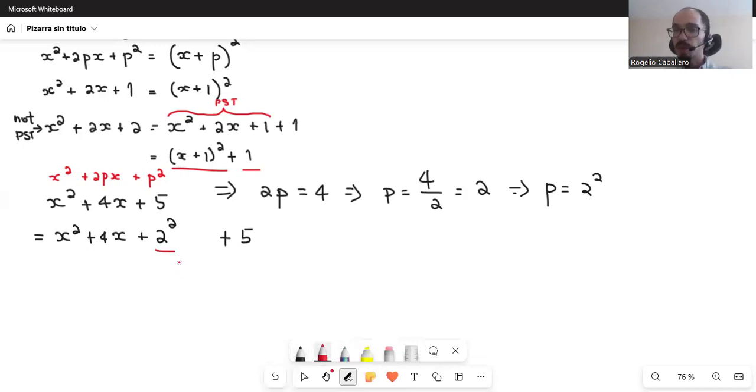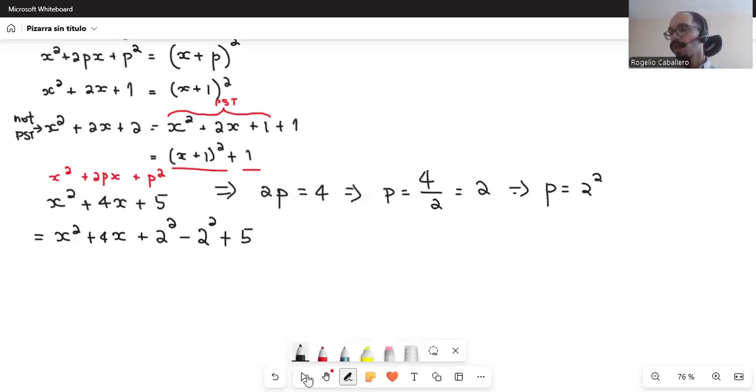If we add that 2 squared out of nowhere, then this trinomial is not going to equal the expression that I'm writing here. So what I'm going to do now is subtract that 2 squared in order that these two expressions be equal, that they be the same.